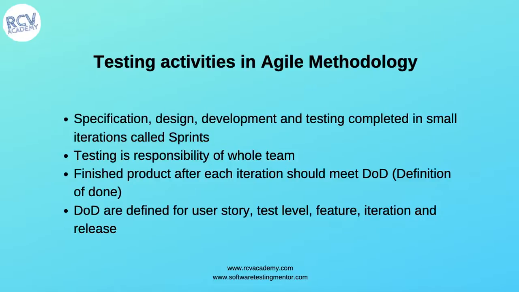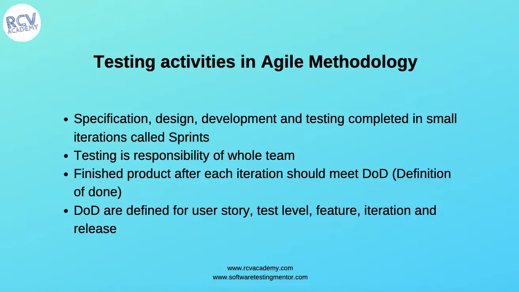Now with Agile, because you have small sprints or iterations and all these activities are done within them, there is a big advantage: you do not have to wait for the whole code to be available in order to start testing.